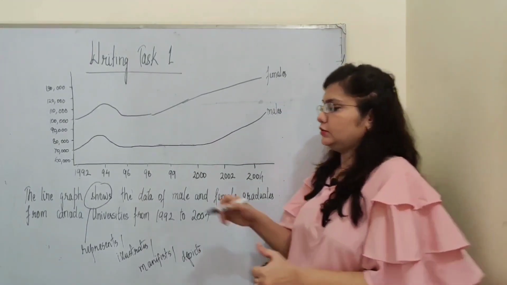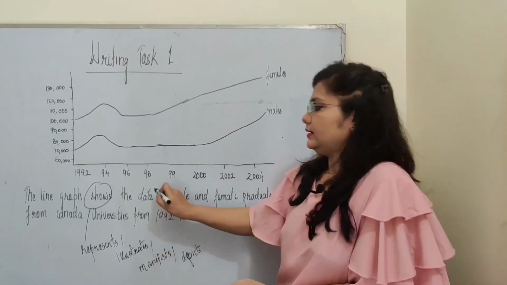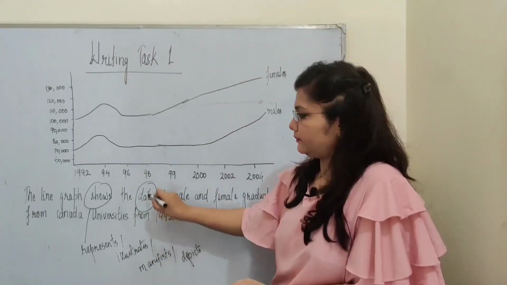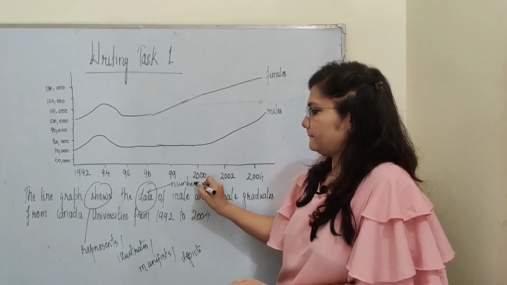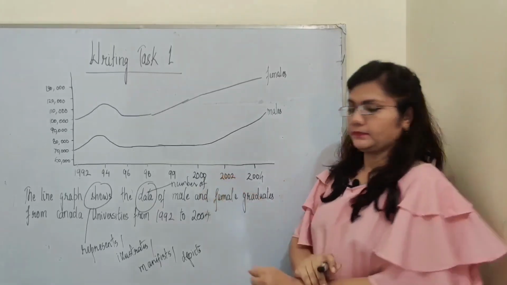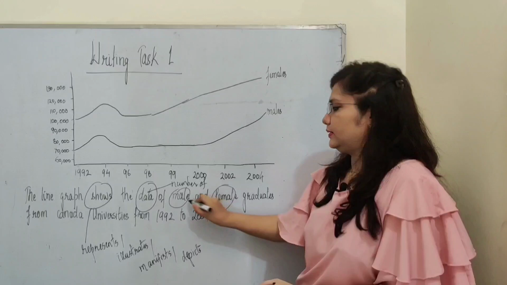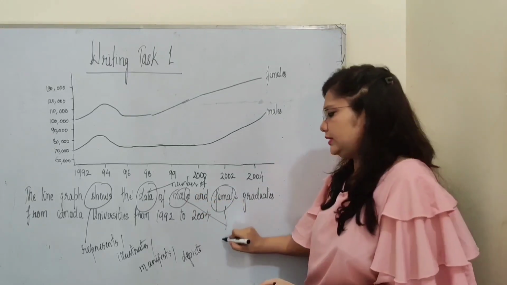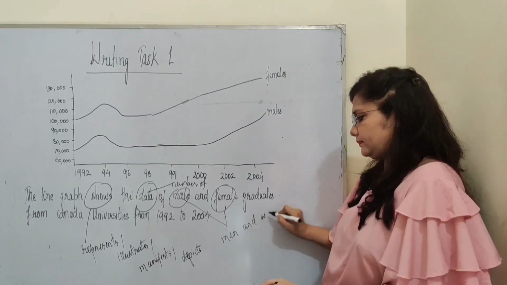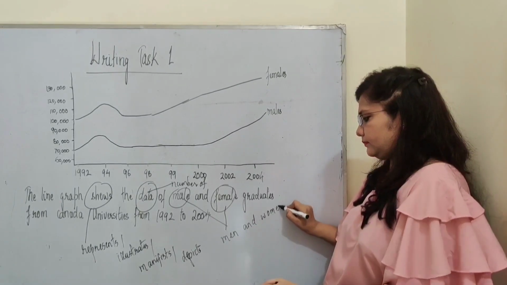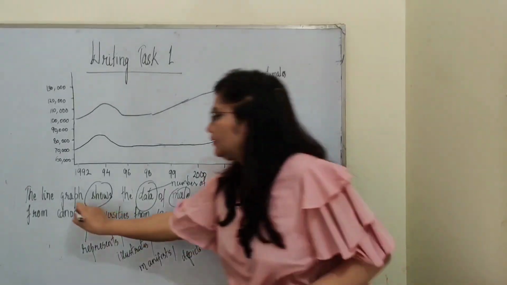After that, you can write the line graph represents. Here it is written data. You can say number of male and female. Instead of that, we can write men and women, men and women graduate from.